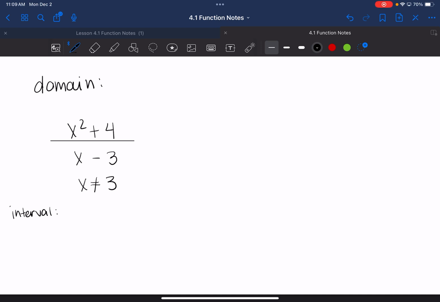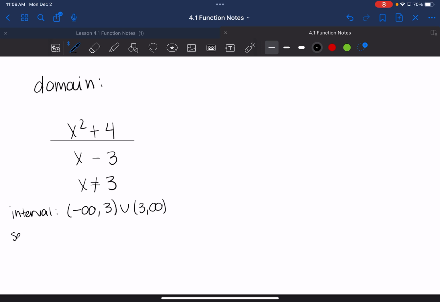So that would look something like, this goes from negative infinity all the way to 3, and then it stops because it doesn't exist at 3. And then it would go from 3 to positive infinity. I use the parentheses instead of brackets because the 3 is not included. We're saying we don't want it to exist at 3.